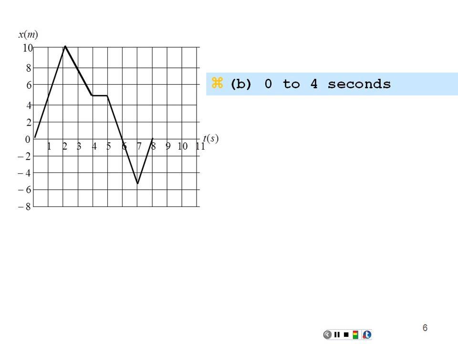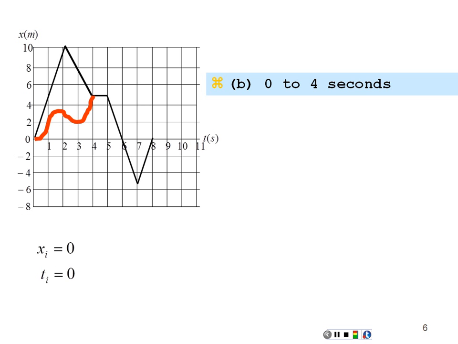So I'm going a total distance of 10 plus 5, 15 meters, but I end up at a position of x equals 5 as opposed to my initial position of x equals 0. So if we're calculating our average velocity, we want to just know our initial and final positions and our time interval, and how we got there doesn't really matter.